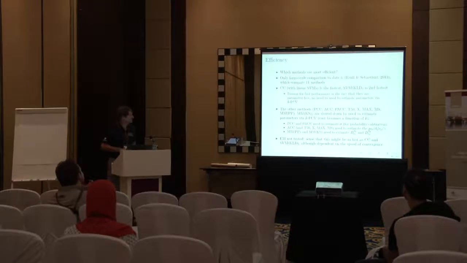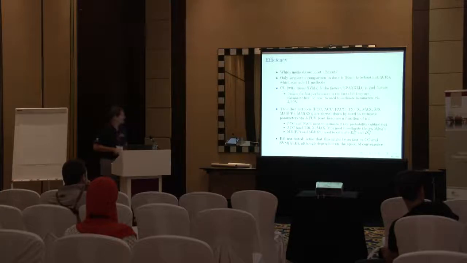But SVM KLD turns out to be second fastest because, like SVM perf, the one proposed by Thorsten Joachims, it is essentially parameter free. So there is no need to do costly parameter estimation from k-fold cross-validation, while k-fold cross-validation is essential in all of these other methods.